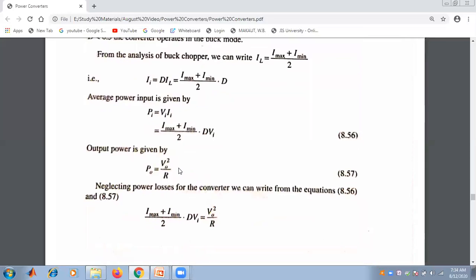The output power can be given as Po equal to Vo square by R. If I neglect the power losses of the converter, these two powers are equal.